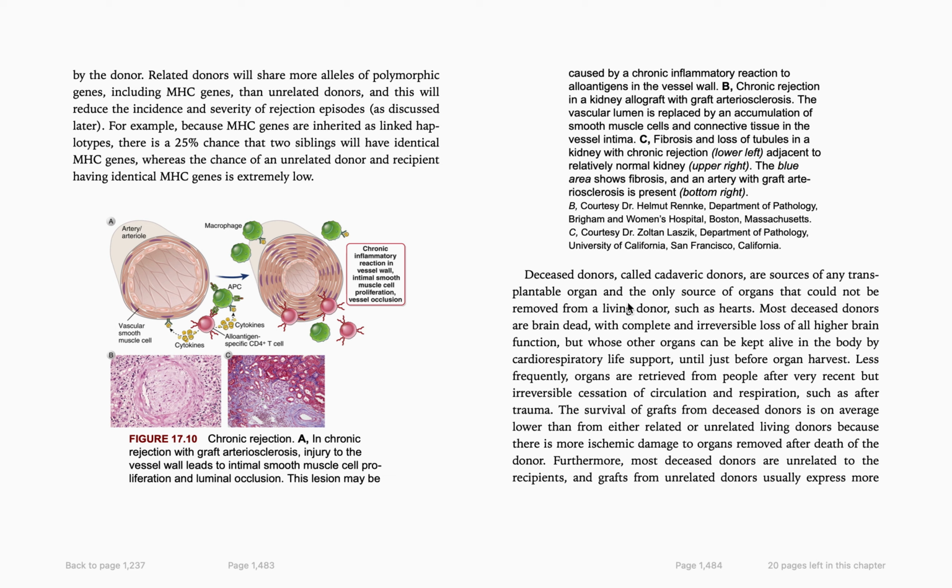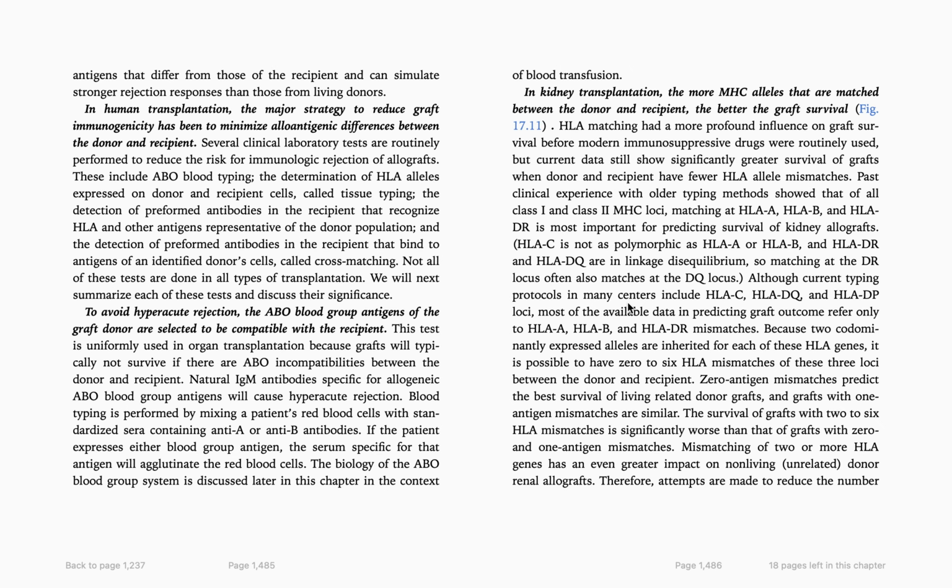The survival of grafts from deceased donors is on average lower than from either related or unrelated living donors because there is more ischemic damage to organs removed after death of the donor. Furthermore, most deceased donors are unrelated to recipients, and grafts from unrelated donors usually express more antigens that differ from those of the recipient and can stimulate a stronger rejection response than those from living donors.